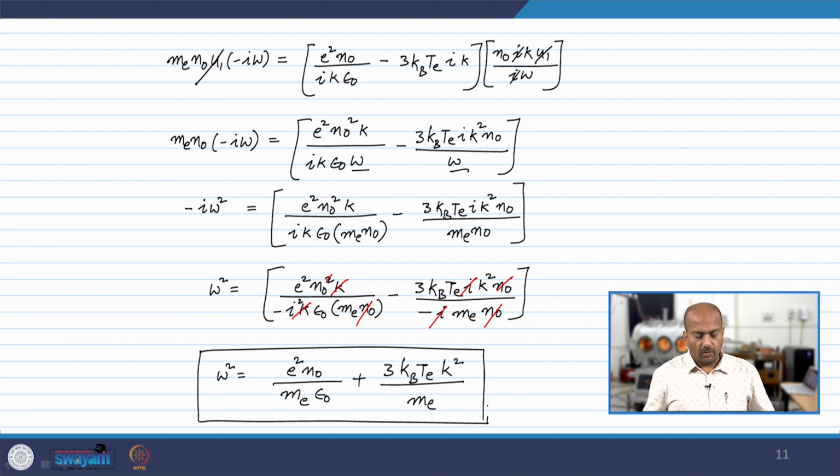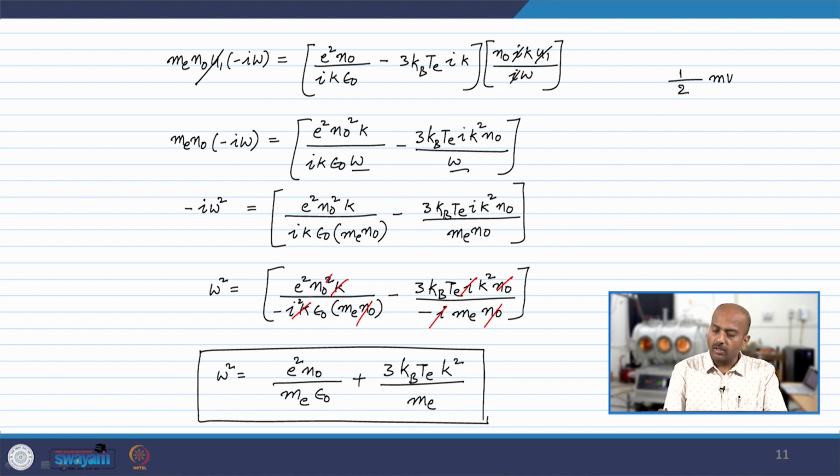This is an expression that we got for omega in terms of k, the propagation constant. So, omega square is equal to e square n naught by m_e epsilon naught plus 3 k_B T_e k square by m_e.